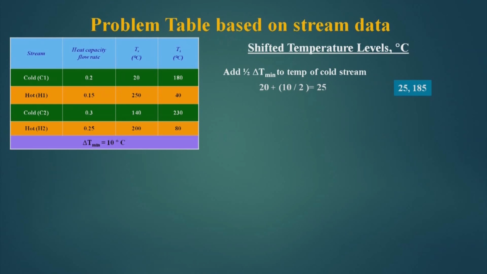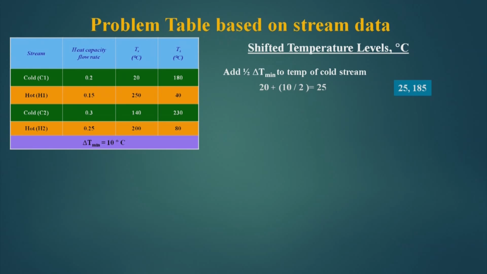Now, if we apply this to cold stream C 1, the supply temperature of the cold stream C 1 is 20 degree centigrade. Delta T minimum is 10 degree centigrade, so delta T minimum divided by 2 is 5, and we add this 5 to 20 degree centigrade, it becomes 25 degree centigrade.